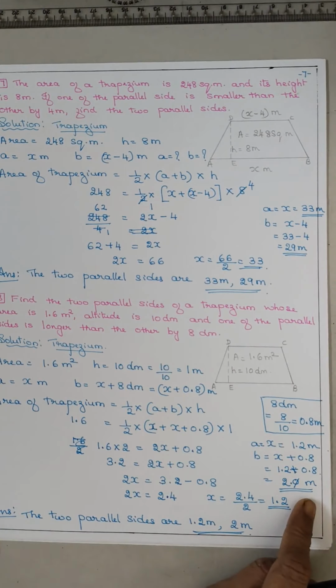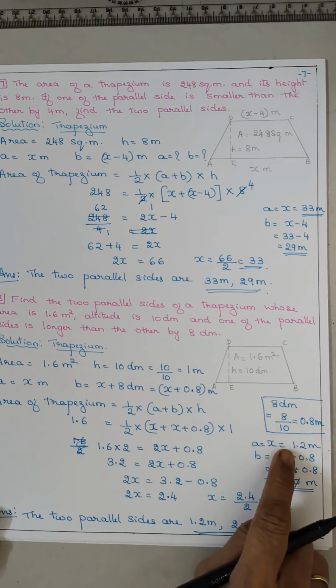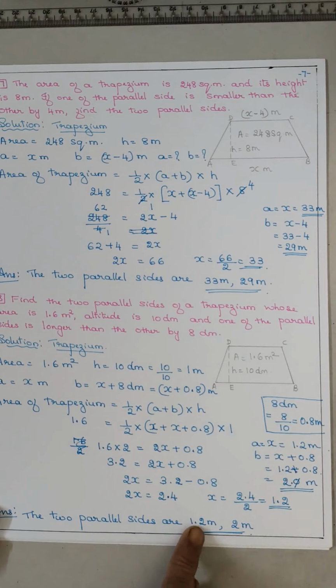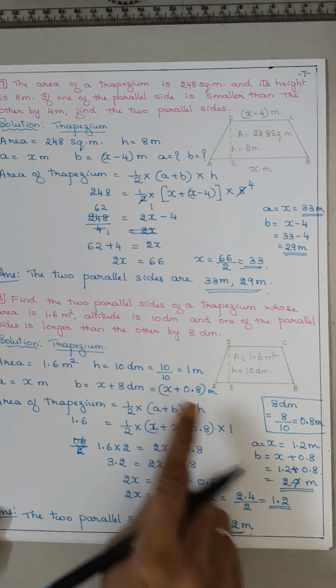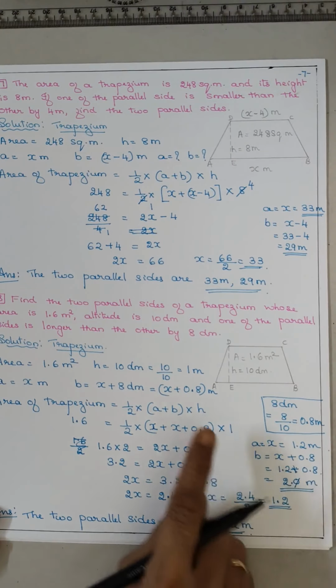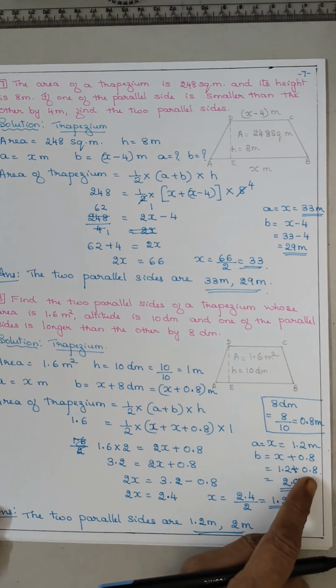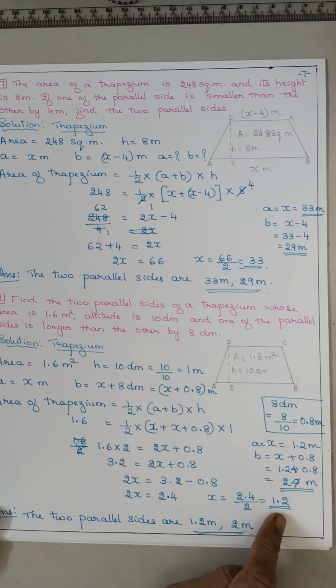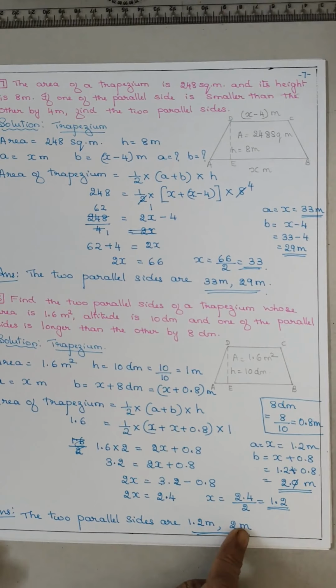Understood? A is equal to x, that is 1.2. B is equal to x plus 0.8, take it in meter only. So 1.2 plus 0.8 you get 2.0, that means 0. Decimal cancel, so 2 meter.